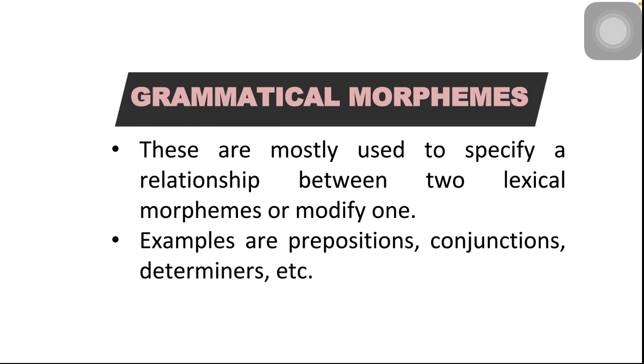Examples are prepositions, conjunctions, determiners, etc. For example, them, he, she, okay? These are just grammatical morphemes.